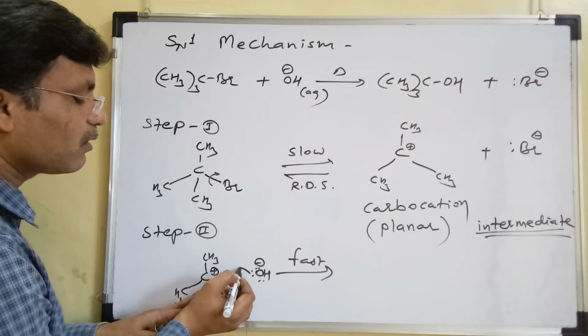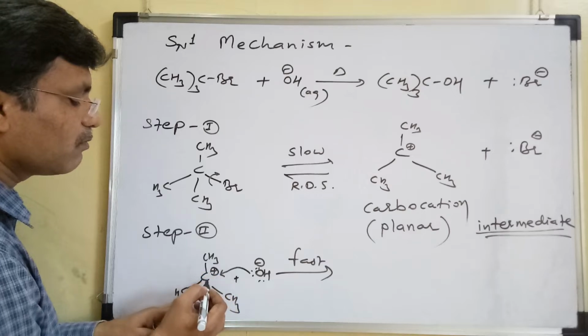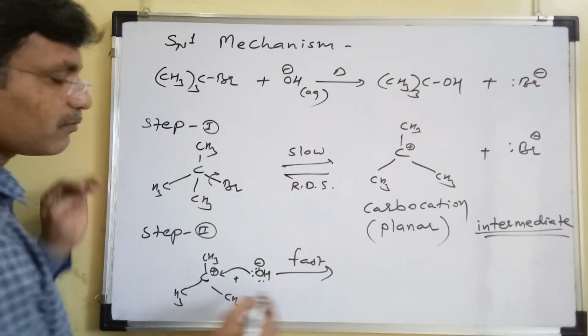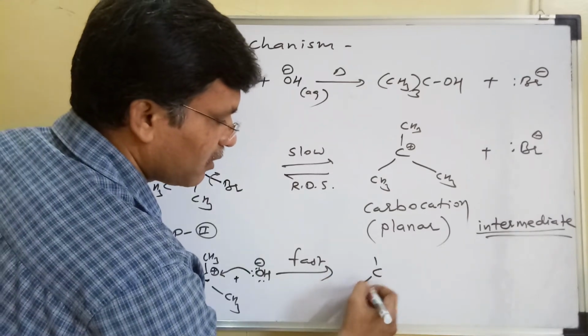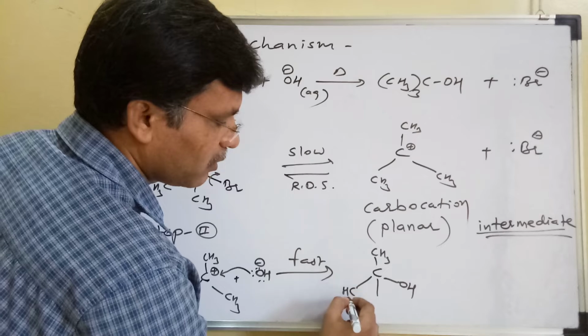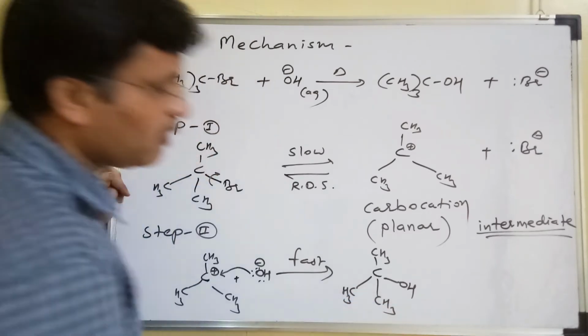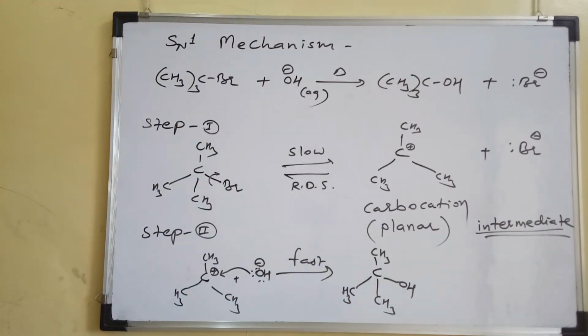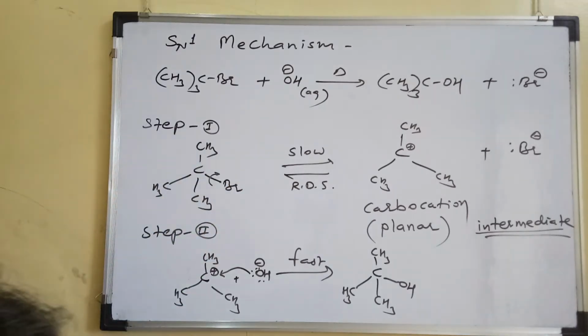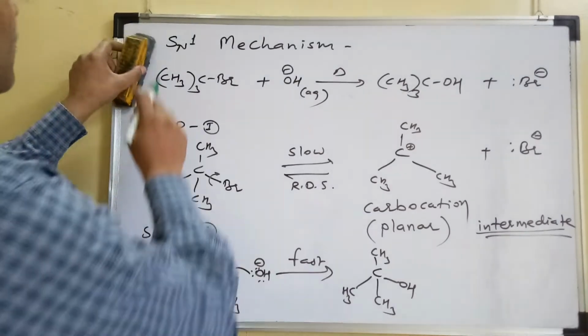So this lone pair of electrons is used by this carbon, and we will get tertiary butyl alcohol. It's a fast step reaction. See, this reaction has some salient features. So we'll see the salient features of these reactions.